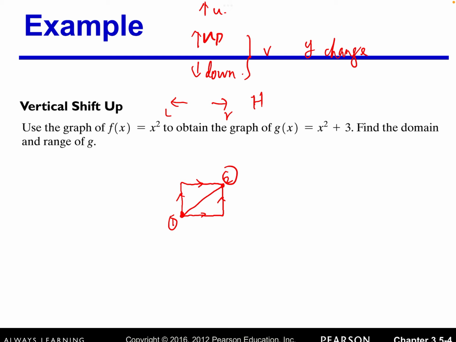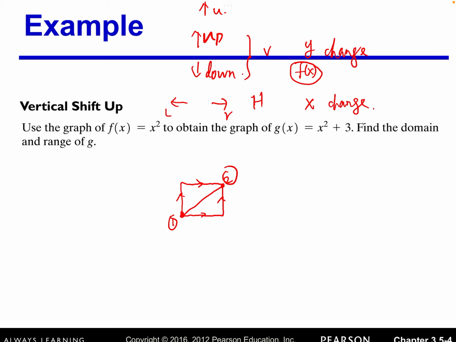Y here is the same as f of x, I'm emphasizing all the time. And the horizontal direction is controlled by the x coordinate, so horizontal shifts are x changes. So remember that.